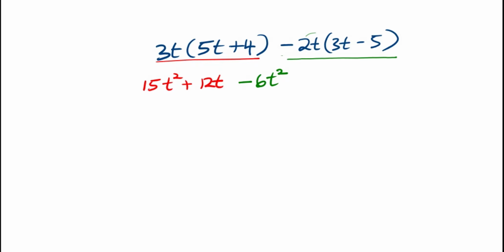Okay, so negative 2 multiplying negative 5 will become positive 10. And then the t, don't forget the t comes. So that is the first line we get after expanding the question that we were given.